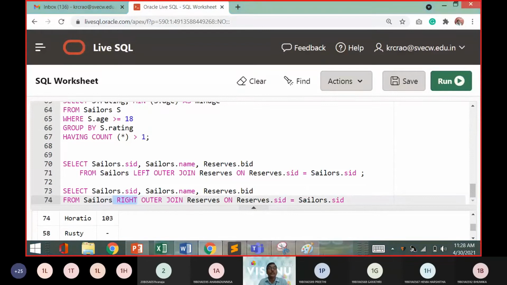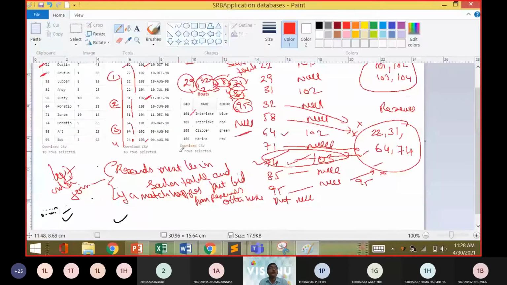So earlier it was left outer join. Now we are going to turn it towards the right outer join. So what will be the definition? As far as the left outer join definition, records must be in the Sailors table, and if a match appears, we should get the things from reserves. Otherwise, we have to put it as null.